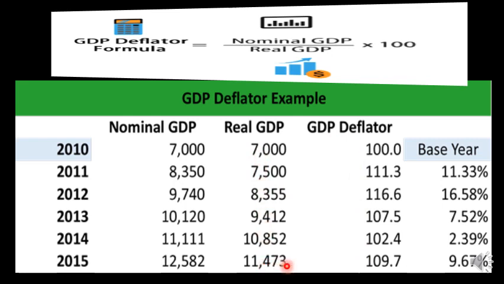This is not for you to learn by heart, or to write down in your note copies. I have just presented it so that I can explain through this very good example the comparison between nominal and real GDP and the role of the GDP deflator. If you want to, you can put it down in your notebooks.